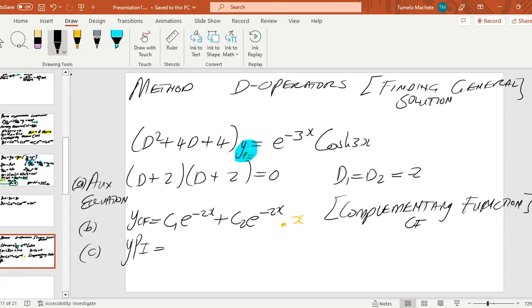So you're going to divide: e to the minus 3x cos 3x divided by, from the original equation, D squared plus 4D plus 4. That's how you make YPI the subject of the formula.